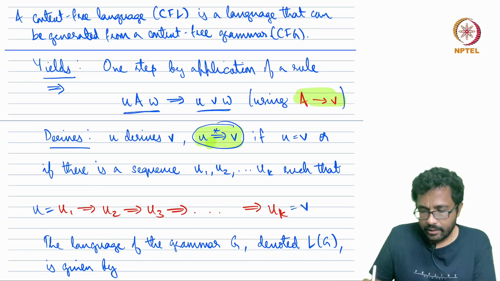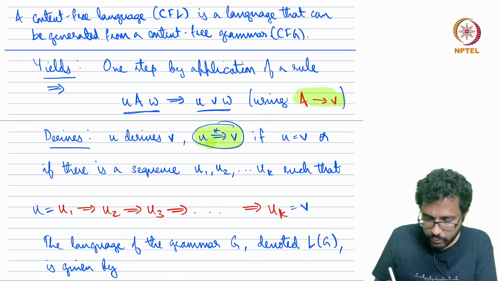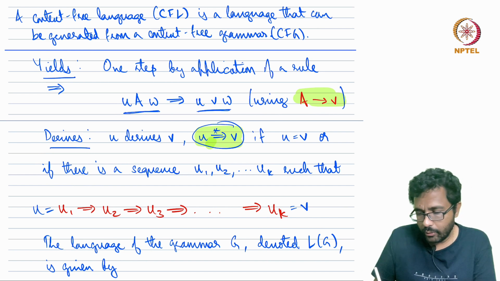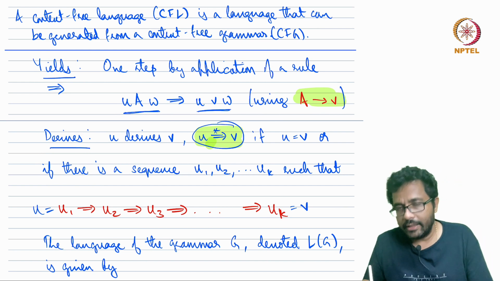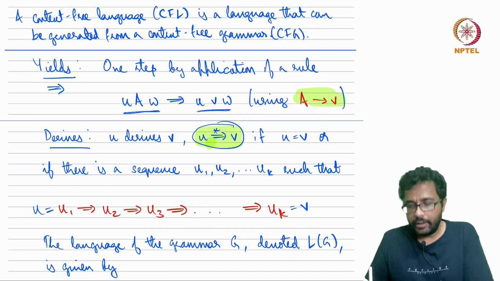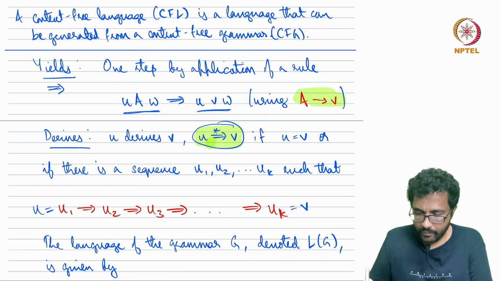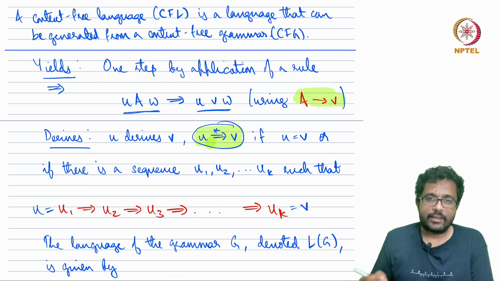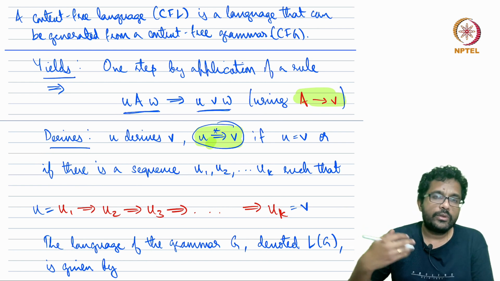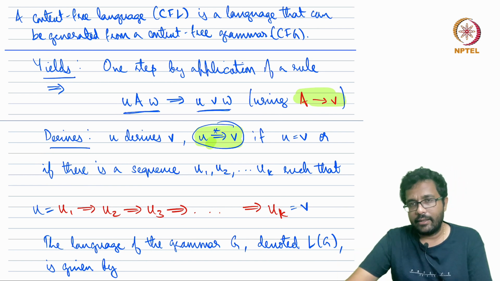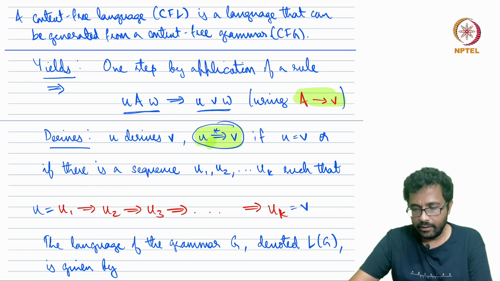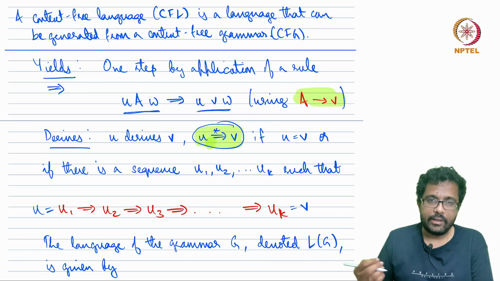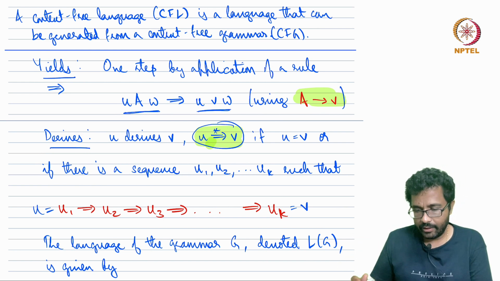So from u1 you get u2, u2 yields u3, u3 yields u4, and so on. Finally, uk minus 1 yields uk, which is the same as v. Basically, you must be able to use the rules again and again, successively yielding strings till we get v. So we say u derives v if we are able to repeatedly use the rules to get v.